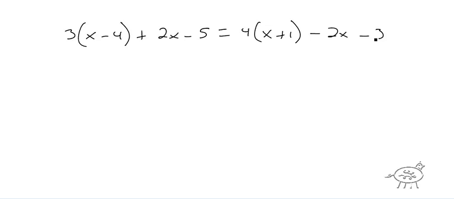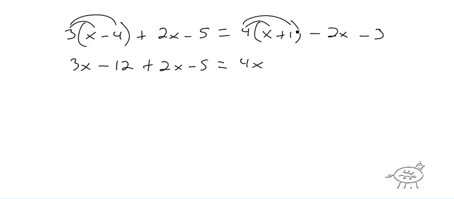Remember, our first step here, math fans, is you're going to distribute. Don't forget, you distribute to both terms, because a lot of times people forget that, and that's not a good thing. So we get 3x minus 12 plus 2x minus 5 equals 4x plus 4 minus 2x minus 3. Everything's kind of opened up there. We distributed everything.